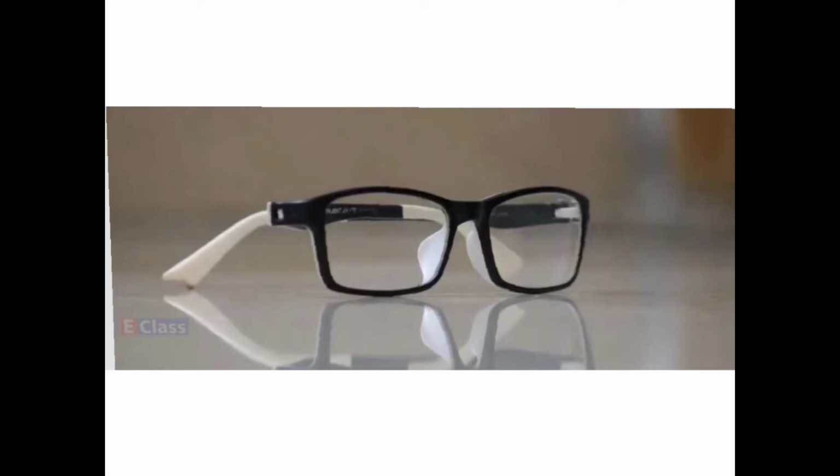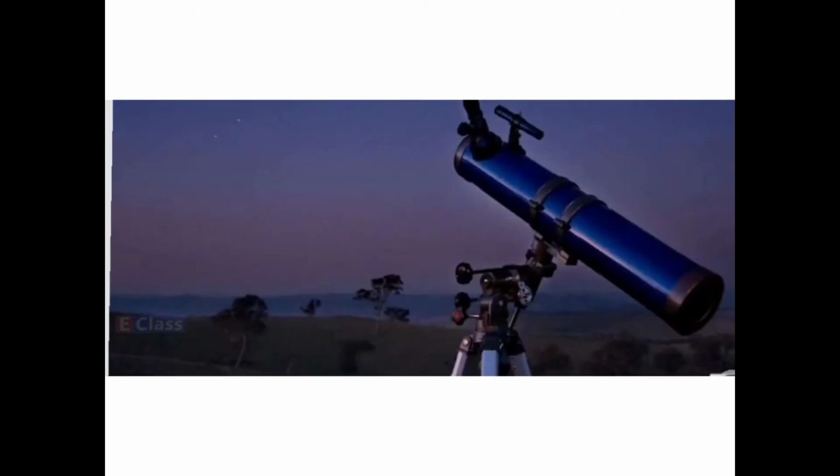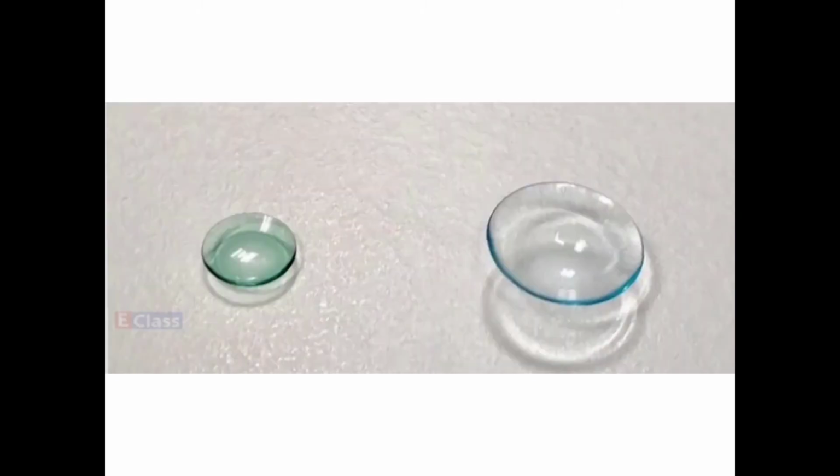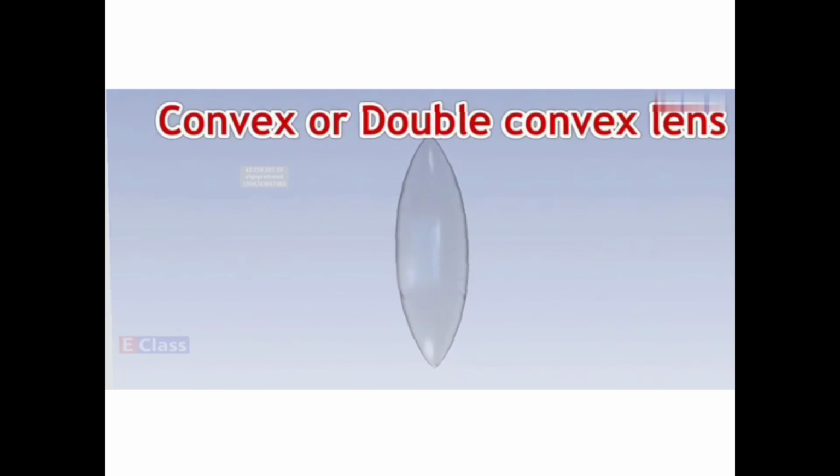The lens is a transparent medium bounded by two surfaces. Right? Now the lens which has two spherical surfaces which are puffed up outwards is called the convex or double convex lens. So this is the double convex lens or the convex lens.